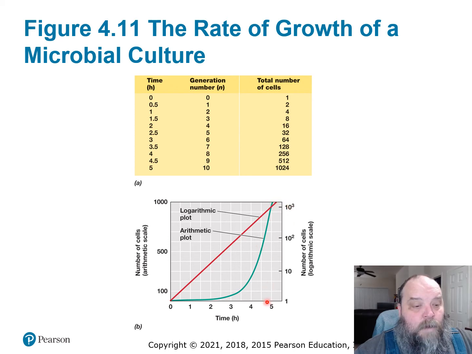You add on one more time point, 6. Well, it was 1,000 here, now it's going to have to be up to 2,000. After that, 4,000, 8,000, and the numbers are just going to get so hard to graphically represent, while at the same time graphically representing 1, 2, 4, 8, 16.